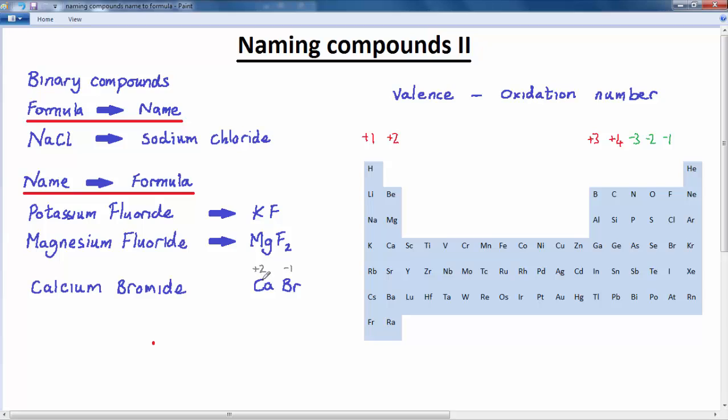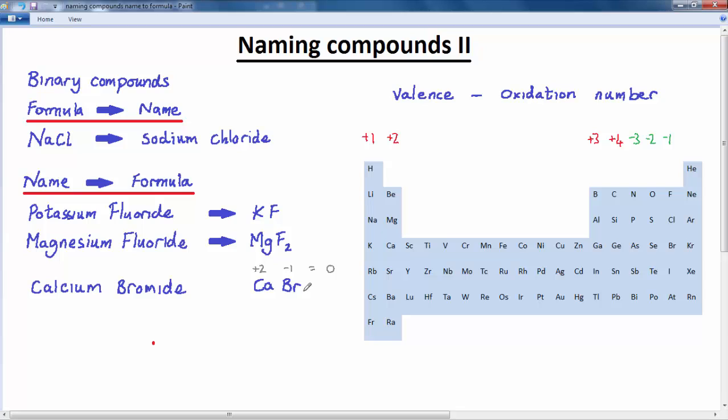We then add those two numbers together, and what we always want is for these to come to 0, but we notice they don't. When you add +2 to -1, you get +1. So how can I make the sum of these two numbers 0? Well, I can do that by multiplying this -1 here by 2.